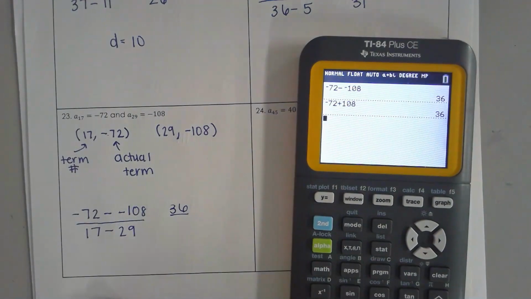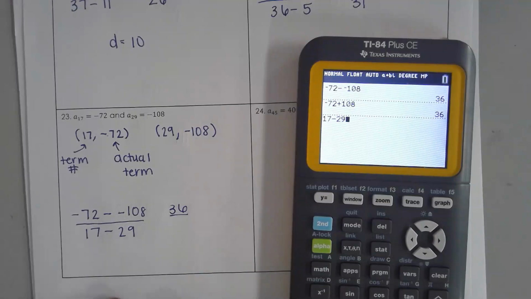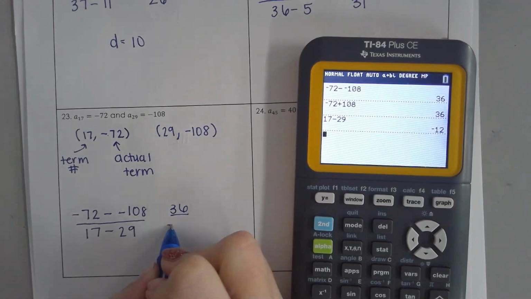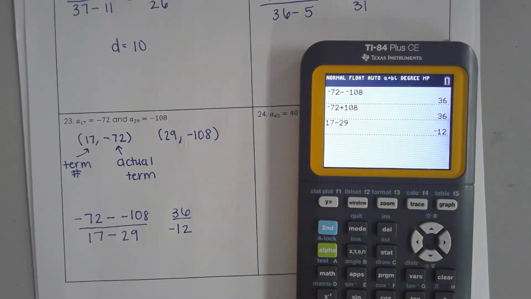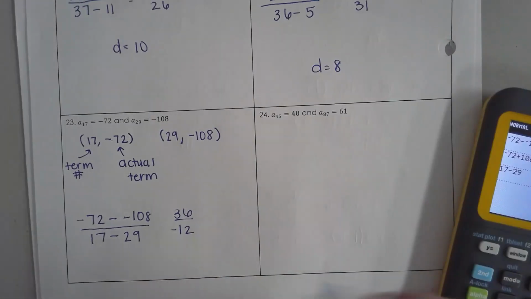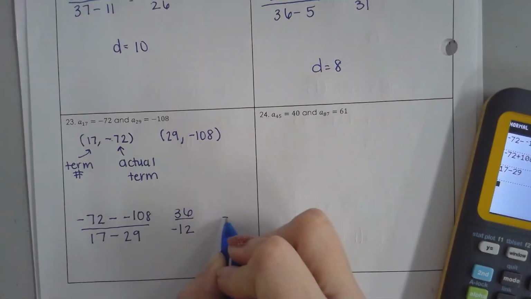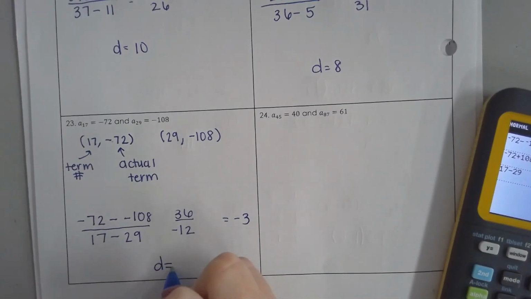Would that have to be the negative 108 in parentheses? You wouldn't have to type it in that way. 36 divided by negative 12 is? Negative 3. Boom, shaka.